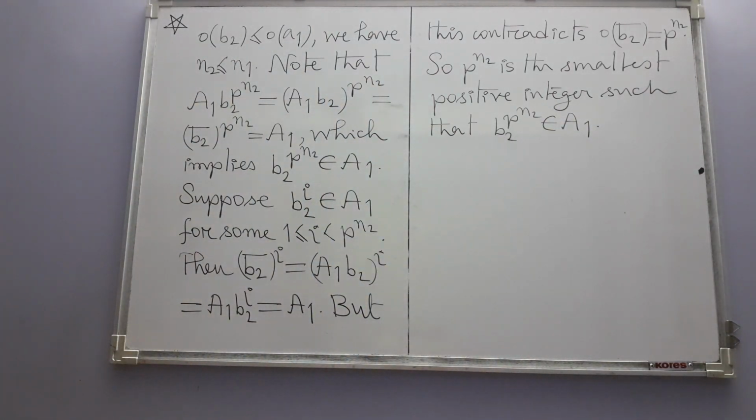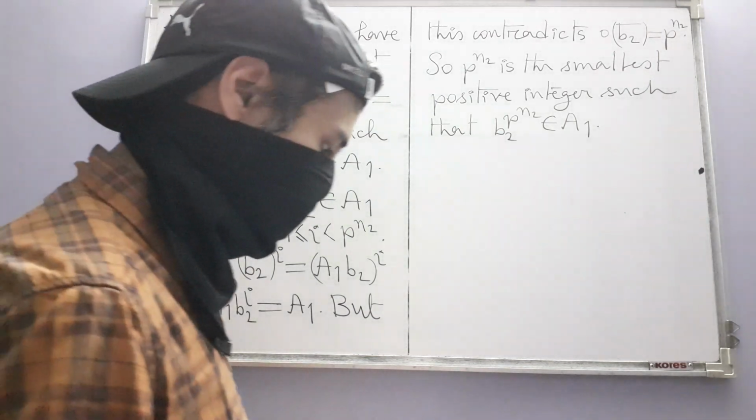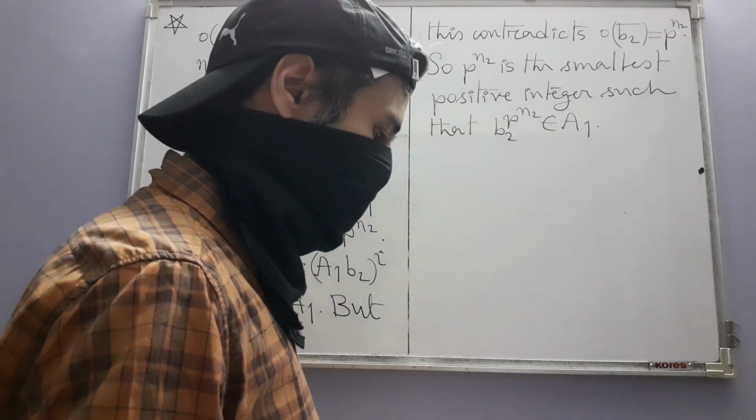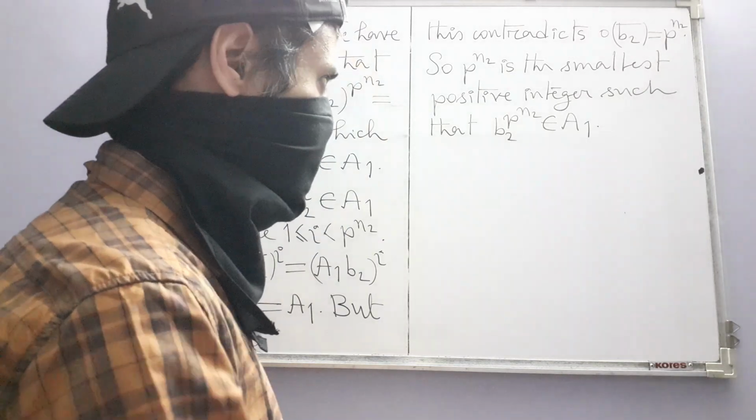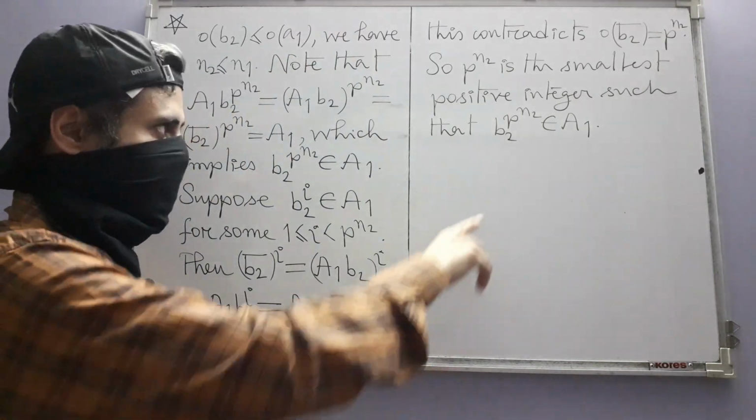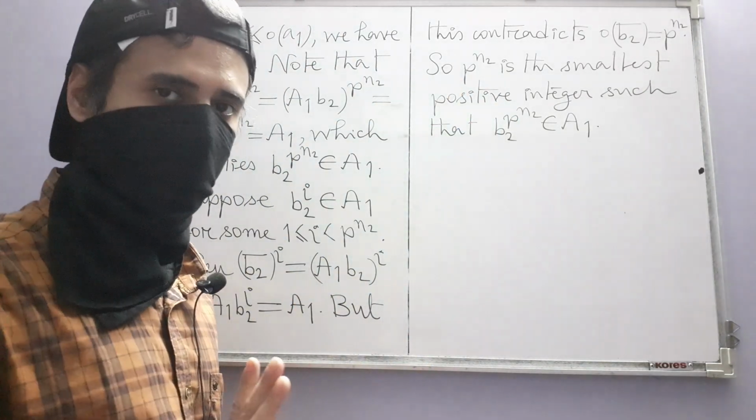Okay, this much we have established. So the smallest nature of p to the power n2 has been proved.